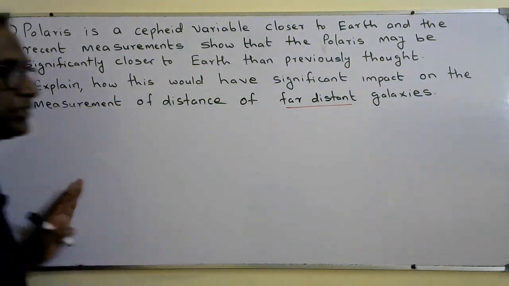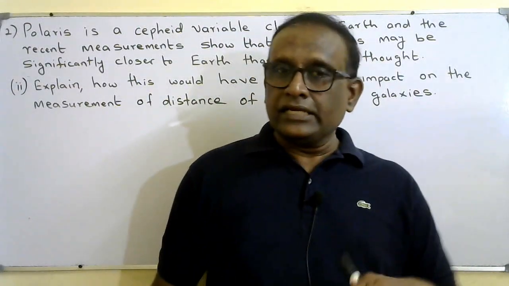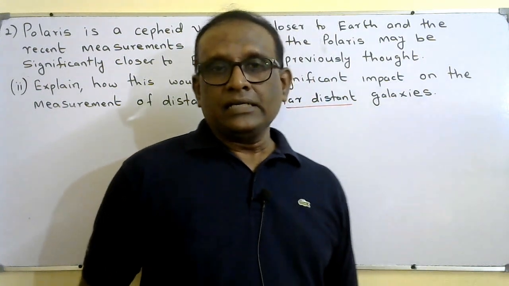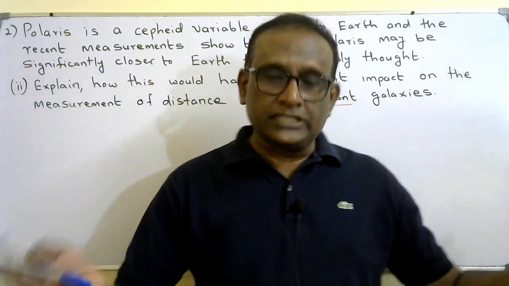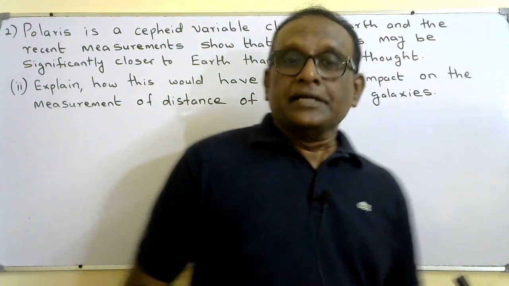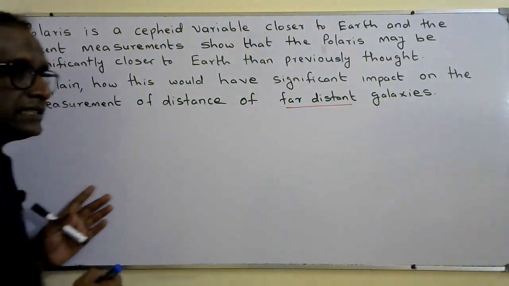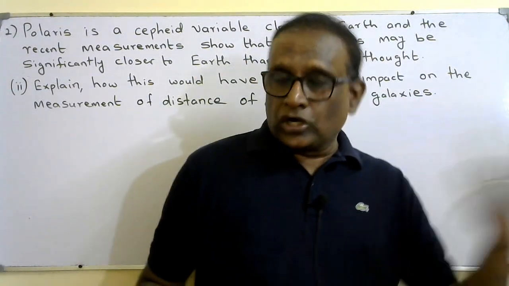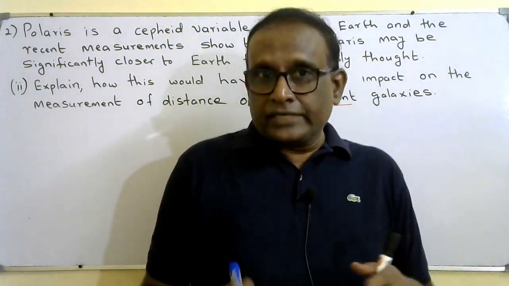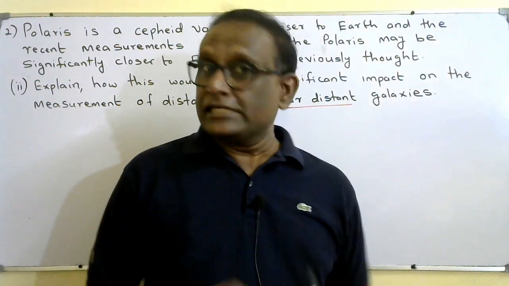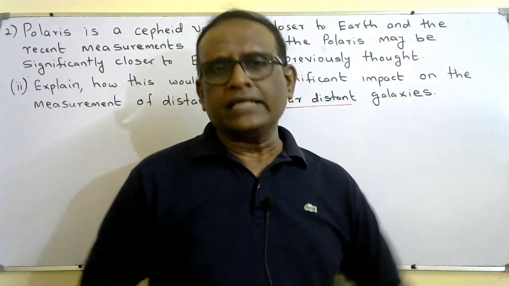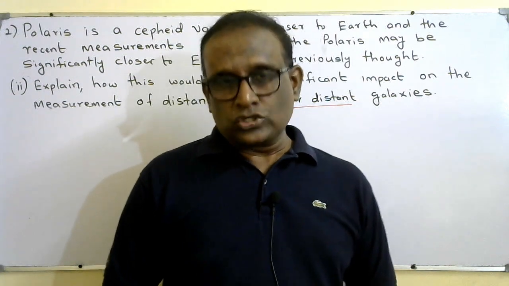Okay, already I told the luminosity of the Cepheid variable in the far distant galaxy is going to be lower than what we thought earlier, right? Now, how do we measure the distance? We know the luminosity of the Cepheid variable. We found it's lower than expected. We measure the intensity. There's no mistake in the measurement of intensity that we measure by using satellite telescopes.